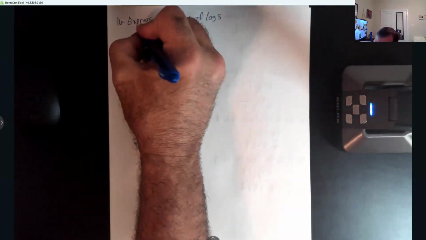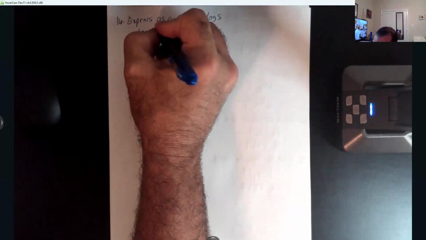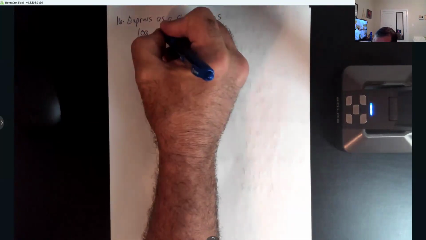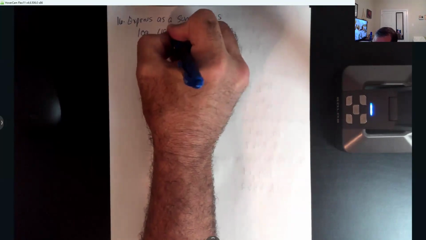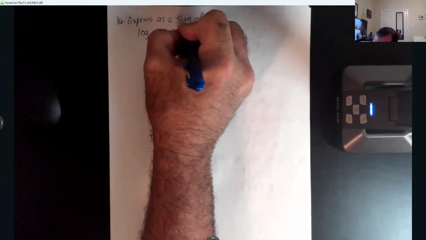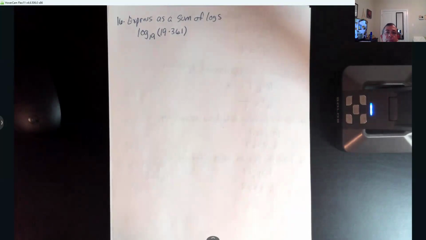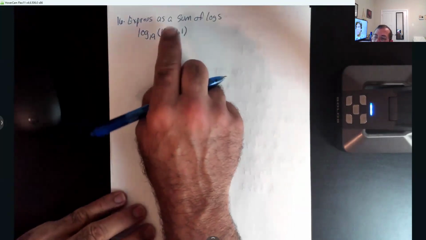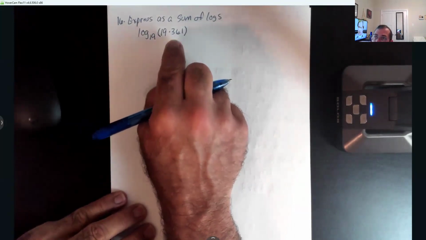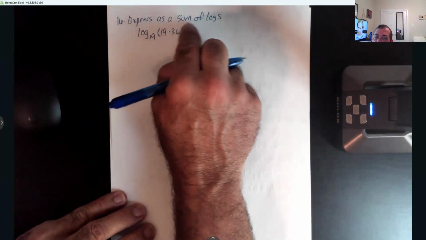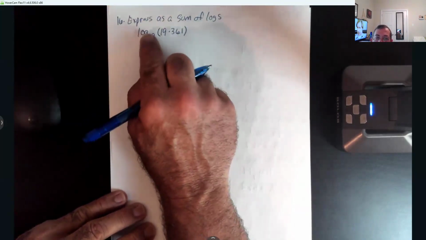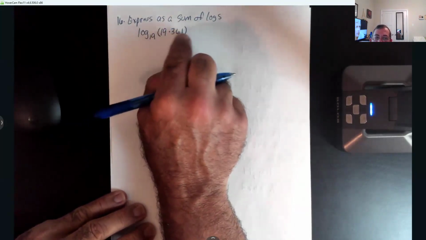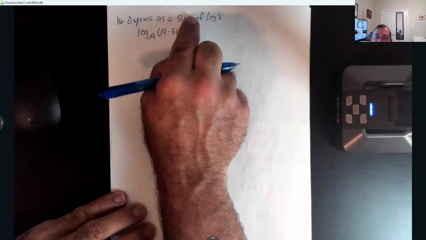All right, y'all. Log base 19 of 19 times 361. Now listen, don't oversimplify this one because MyMathLab will count you wrong. They just want me to express it as a sum of logs. So I distribute the log to both of the factors in here and write it as a sum.